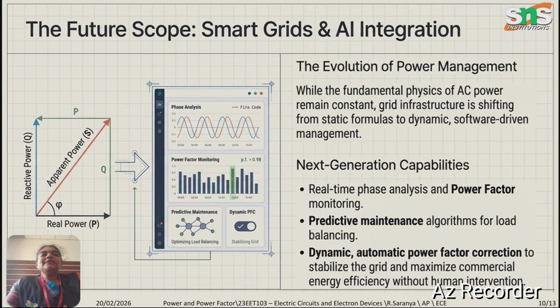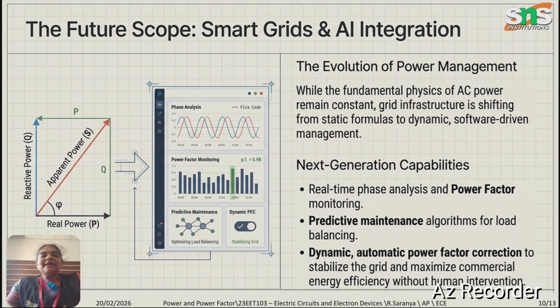So what are the future scopes? In smart grids, when we are integrating our AI system, the AC power should remain constant. In case of shifting from one grid station to another, software driven management can be used, and real time phase analysis and power factor monitoring can be introduced in order to predict, and also we can use a predictive maintenance algorithm for load balancing.